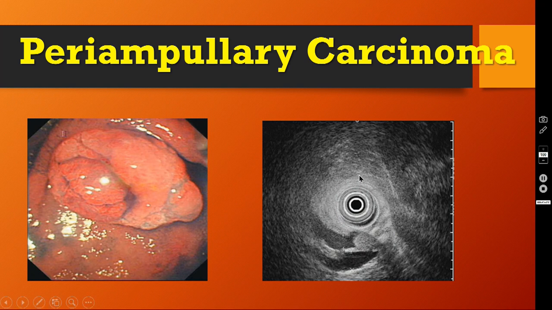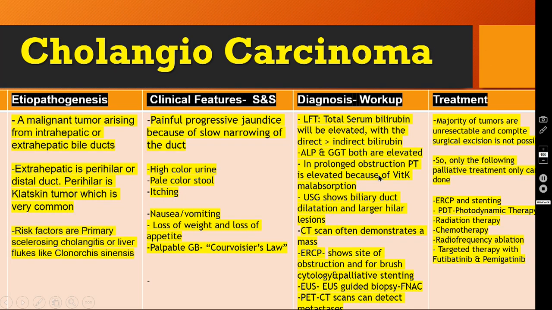So precisely we can stage the tumor, whether the tumor is arising only from mucosa or submucosa or muscularis. Everything we will be knowing by doing an EUS or endoscopic ultrasound.